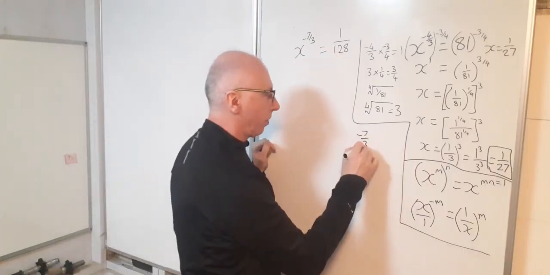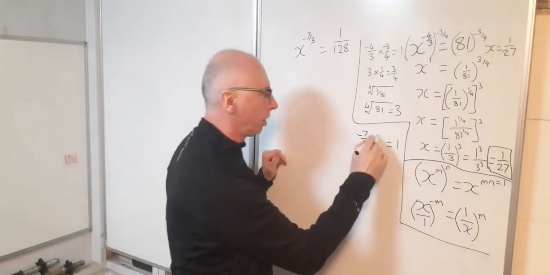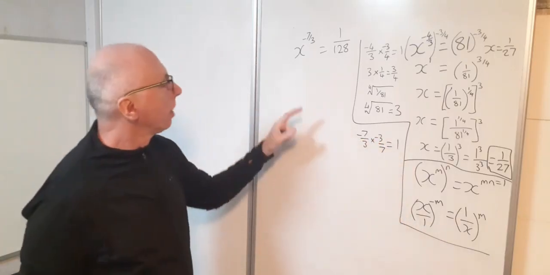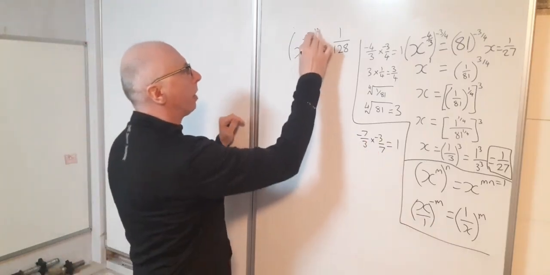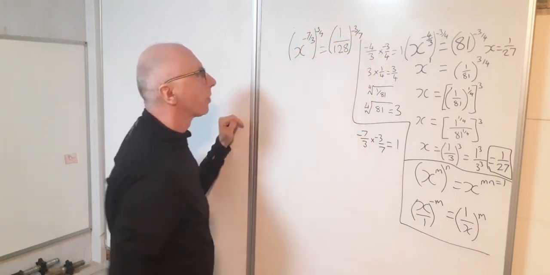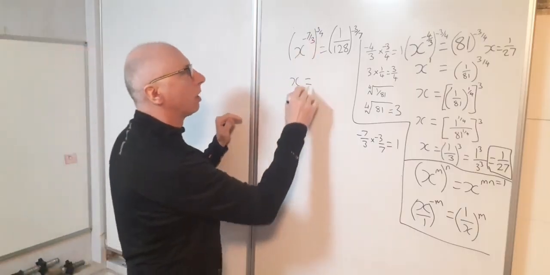Minus 7 over 3 times something equals 1. So take the reciprocal, 3/7, and as it's a minus, put another minus in there. So then raise everything to the minus 3/7. Minus 3/7 and minus 3/7. That just becomes a 1, so I can write x equals.